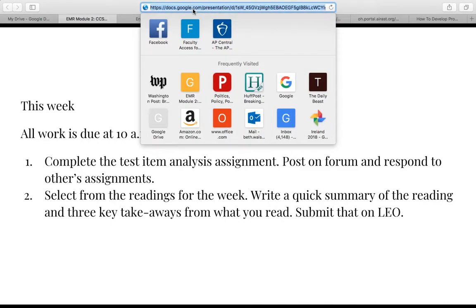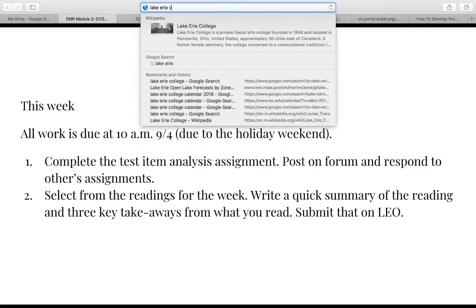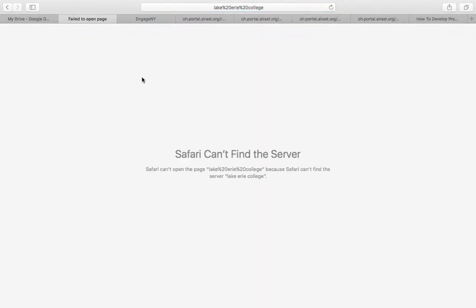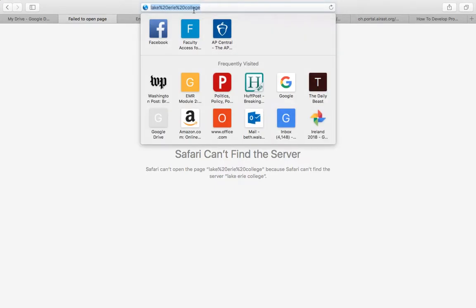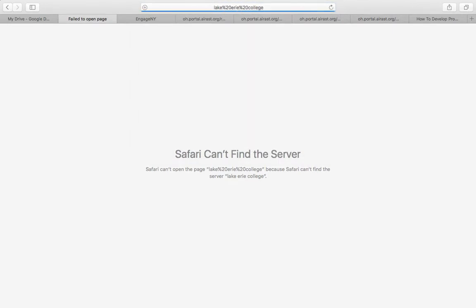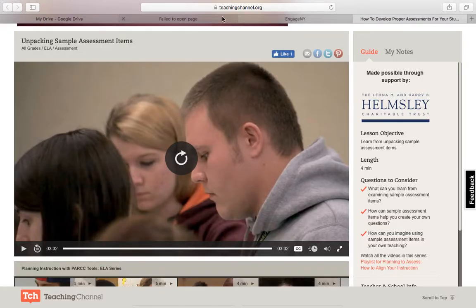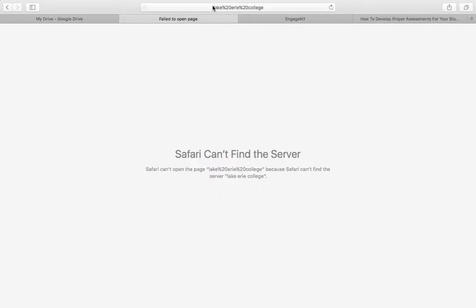And so I thought I would give you a little bit of a look, let me go into Lake Erie, let me go into Leo for a minute and show you. Oh shoot, I don't know what's going on here. Lake Erie College. I had it set up, but I don't know where it went. I have too many things open now. It failed to open. All right.